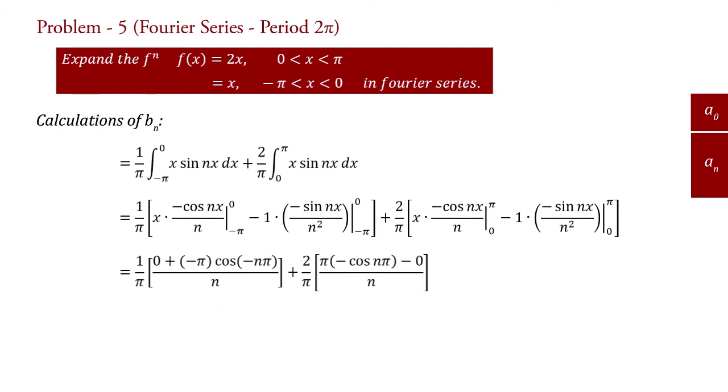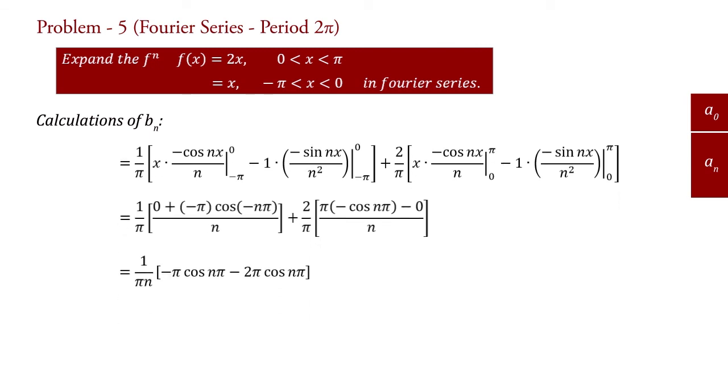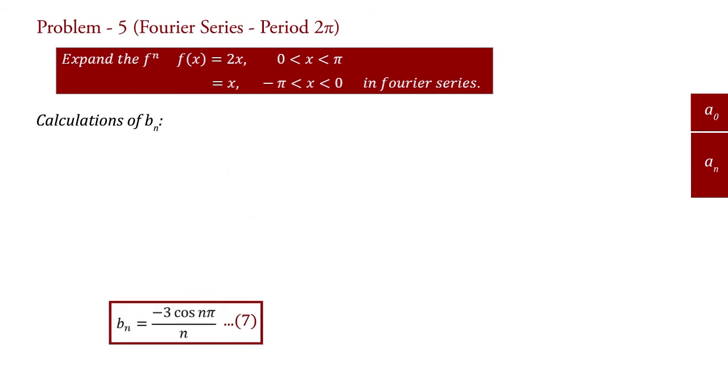By simplifying it, bn equal to 1 upon pi n into bracket minus pi cos n pi minus 2 pi cos n pi. Pi is common in both the terms, so it will be cancelled with this pi, and therefore bn equal to minus 3 cos n pi upon n, say equation 7. This is the value of Fourier coefficient bn.